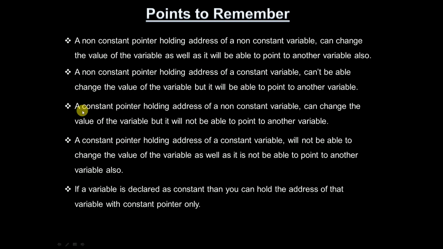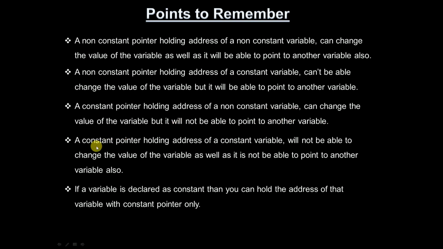Third scenario, a constant pointer holding the address of a non-constant variable. The pointer is constant, but wherever it is pointing is not constant. In that case you can change the value of the variable, *ptr = 20 is valid, but it will not be able to point to another variable. ptr = address of variable 2 is not allowed, that is an illegal operation.